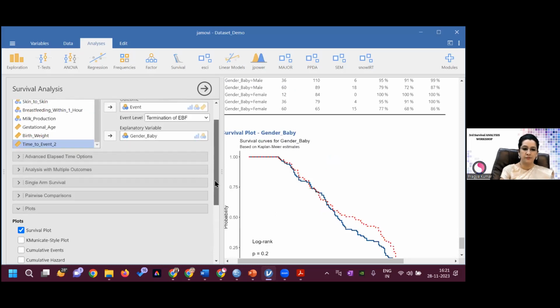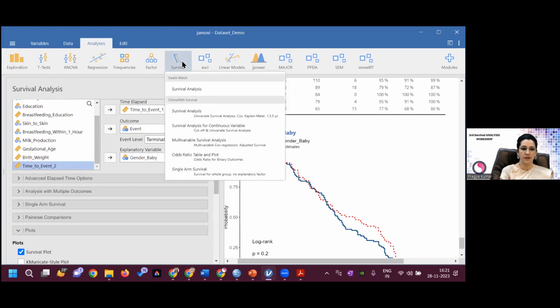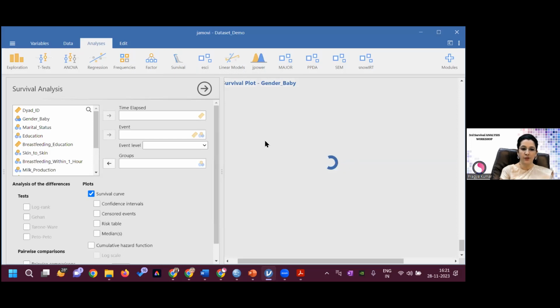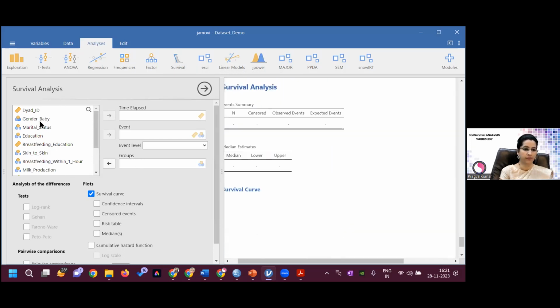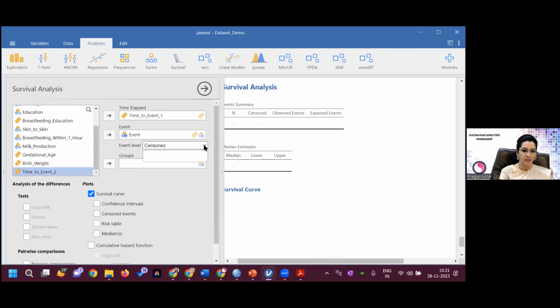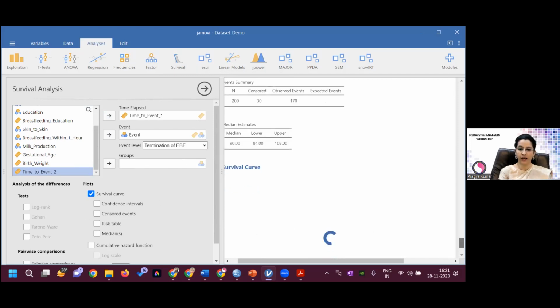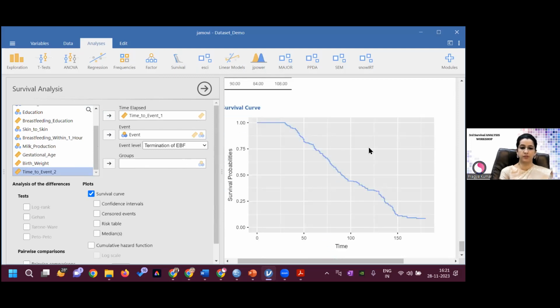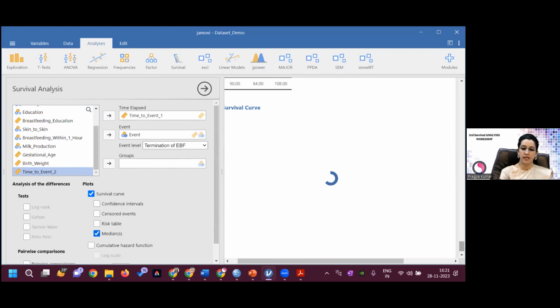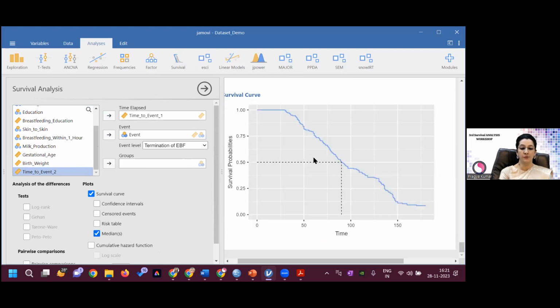But if you use this other survival option, here you can have an overall survival even if you don't define the group. Like if I include here the time to event, and this is the event, termination of breastfeeding, then you can have an overall survival graph also. And the median option is not there if you use that univariate.